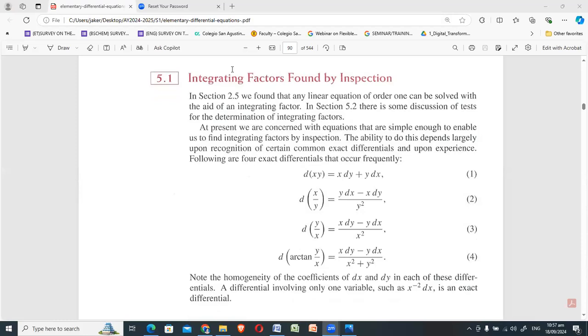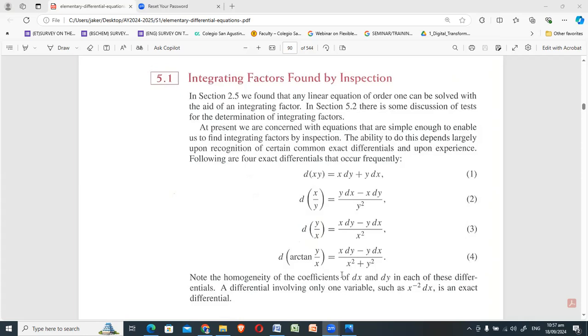Yes, ma'am. Okay, so in here, the author starts with giving you the commonly used exact differentials. These are not limited to these four, but these are the commonly used exact differentials if we intend to find the integrating factor by inspection.